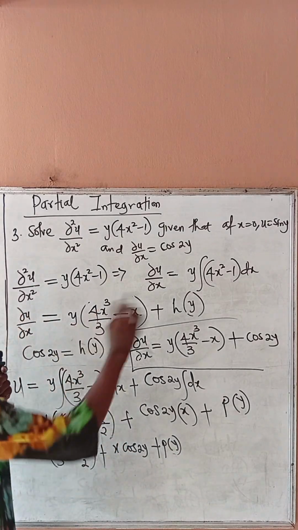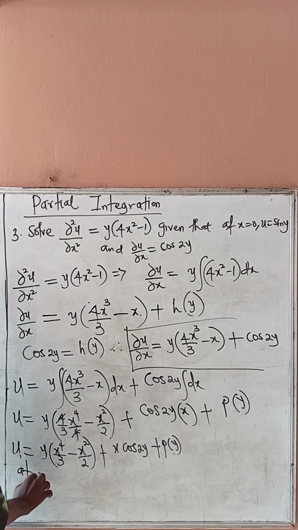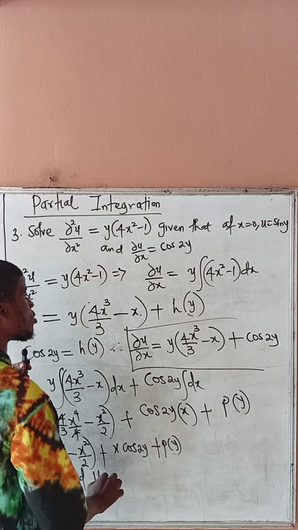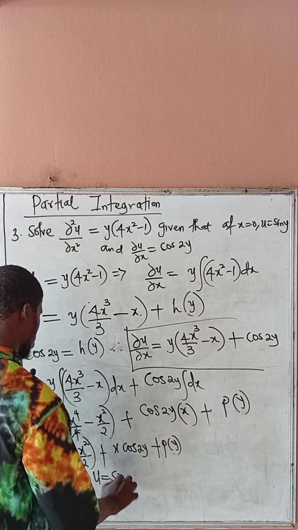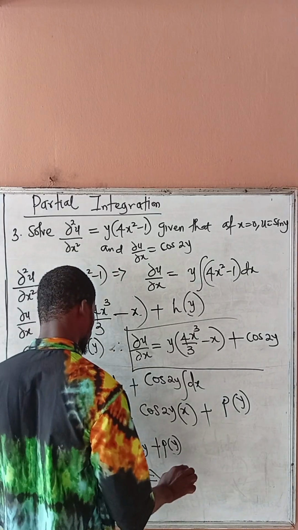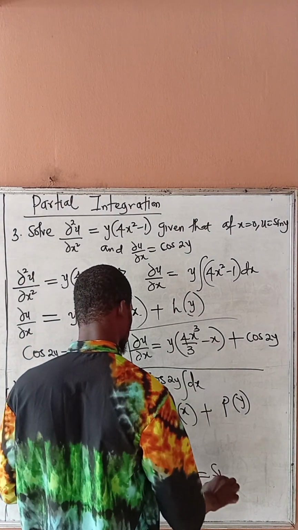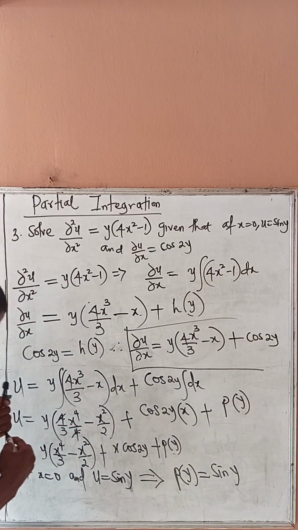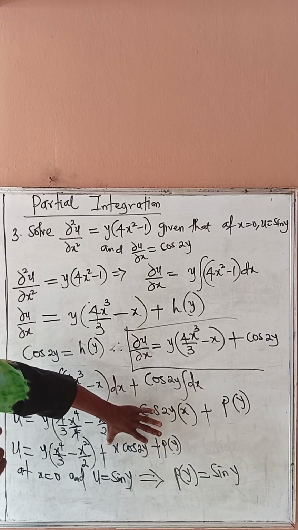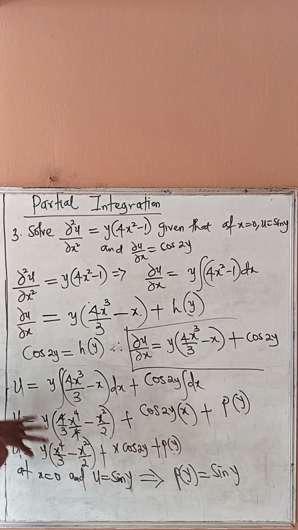So given the boundary conditions that at x equal to 0, u equals sine y, it implies that p of y is equal to sine y. I just explained that. Plug in 0 here, everything becomes 0. So p of y will be equal to what?